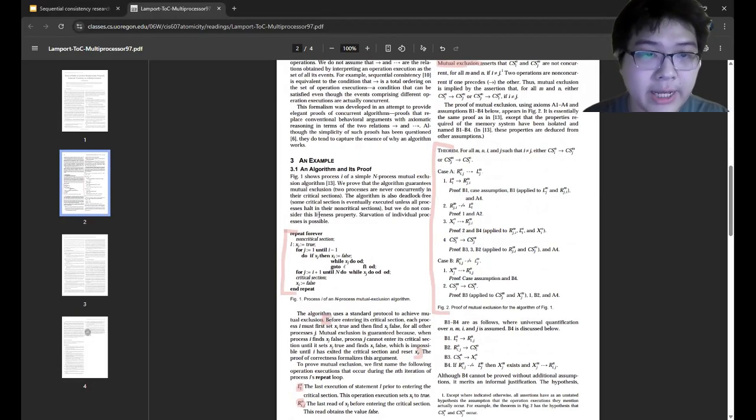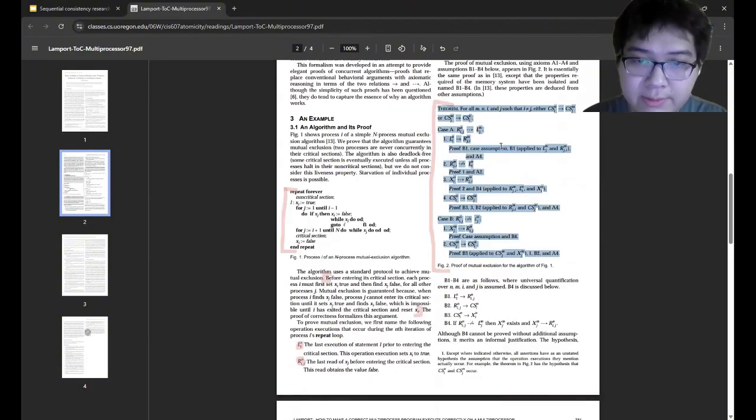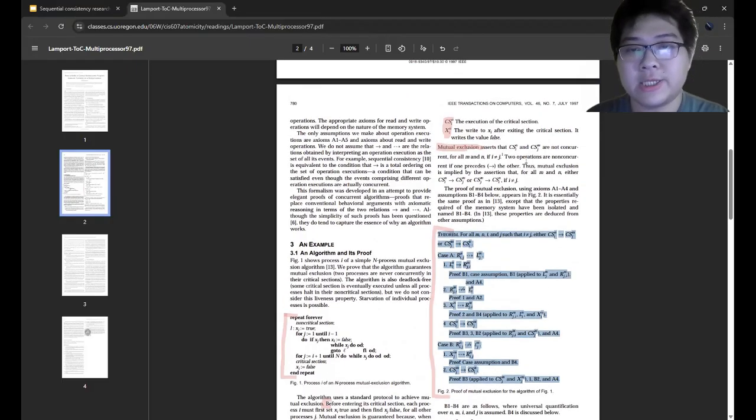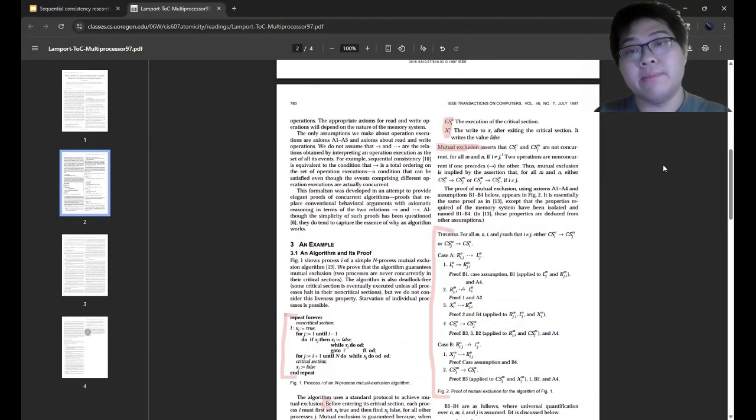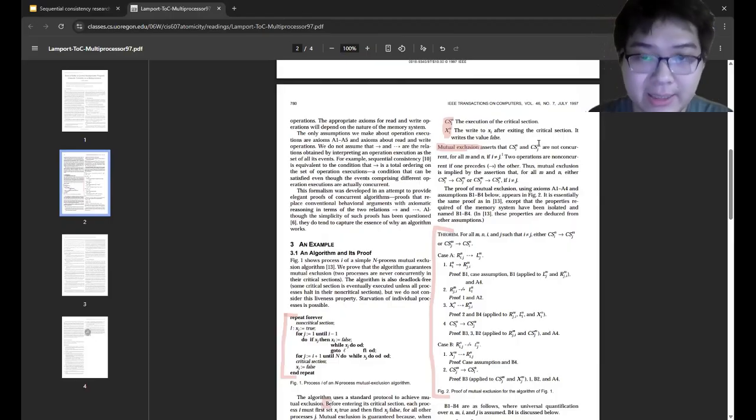So using the example here and the axiom he has given above, using this proof, he is able to prove his particular theorem, which is that there is a mutual exclusion between the execution of the critical section of process I and the execution of the critical section of process J, which means that either I executes its critical section first before J or J does it first before I. They cannot execute concurrently. One has to be before the other in all cases.